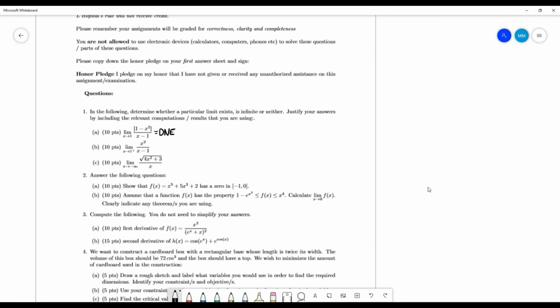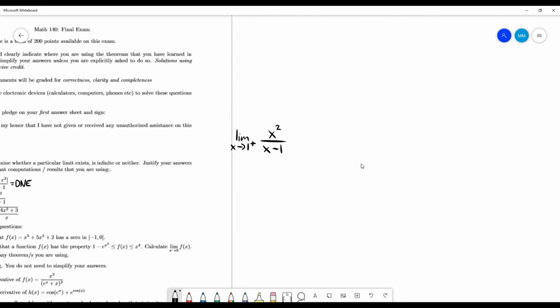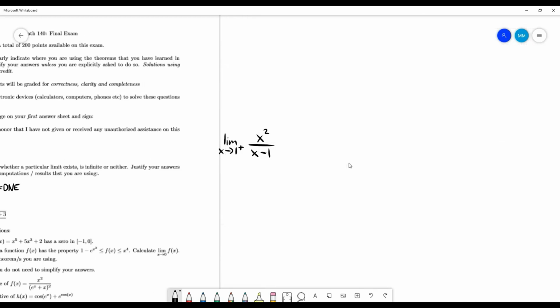Next step is 1b, and this is the limit as x approaches 1 from the right side of x squared over x minus 1. Now for this one, we of course don't want to just try plugging and checking, because we'll get that 1 in the denominator.